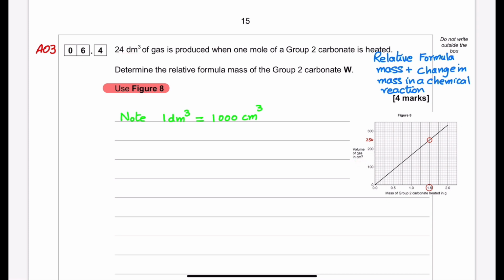We already found the relation: 1 dm³ is equal to 1000 cm³. Therefore, when we change dm³ into cm³, we need to multiply by 1000, so 24 dm³ becomes 24,000 cm³.